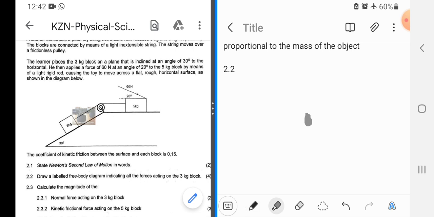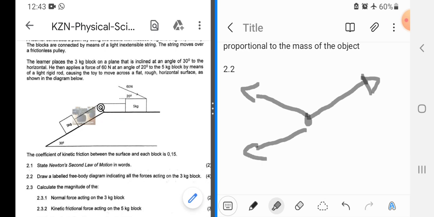So we have tension going up, we have frictional force, kinetic friction, trying to stop the object.